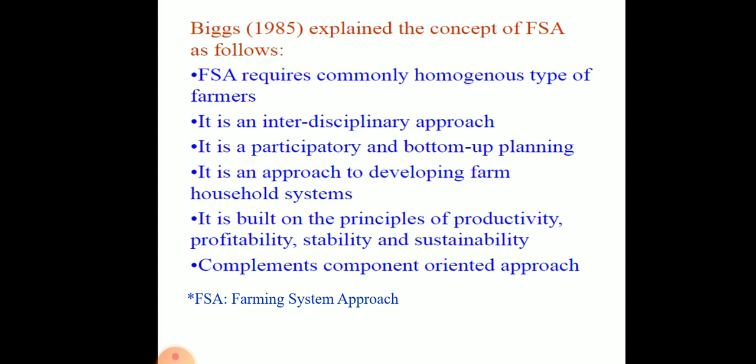So the bottom-up planning for farming system approach is effective if we have homogeneous types of farmers na nabanggit natin kanina. Because homogeneous types of farmers have the same level of practice, the same level of thinking, and the same level of knowledge and skills towards agricultural ventures.